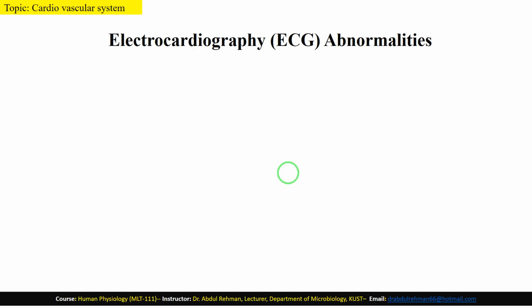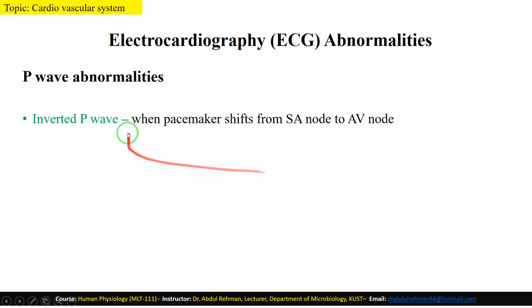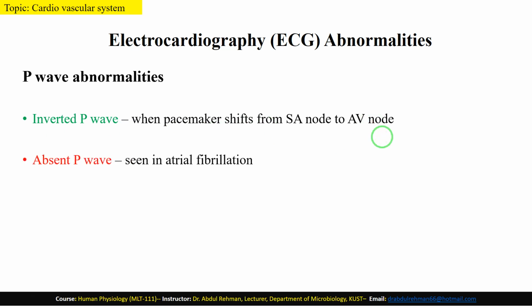Electrocardiography abnormalities. Abnormalities are mostly observed in the peak positions and intervals among the peaks, like in P wave abnormalities. We will observe inverted P waves, which indicates that the pacemaker shifts from the SA node to the AV node, while absence of P waves indicates that there is no atrial contraction.